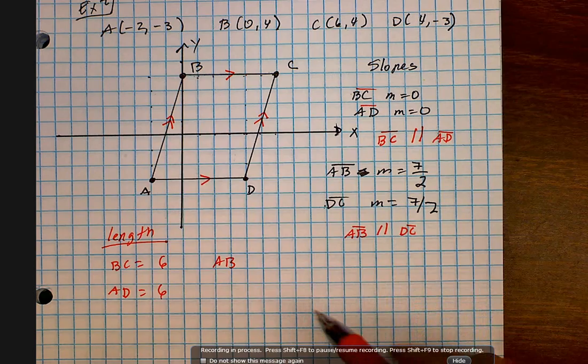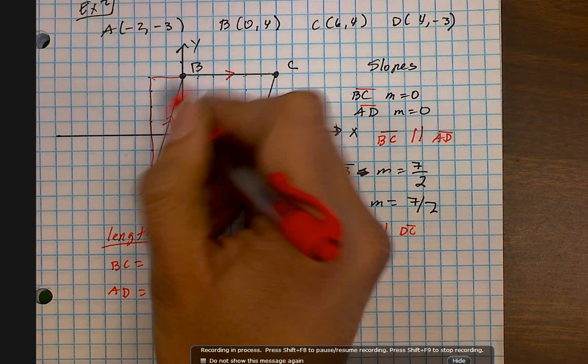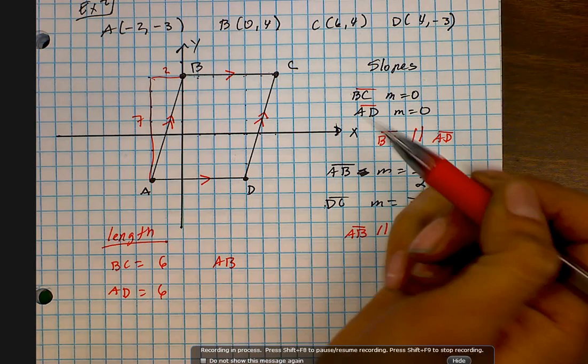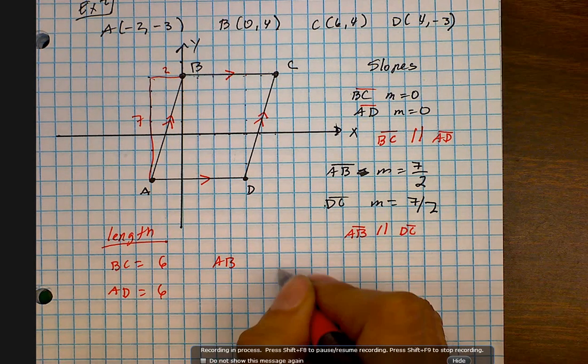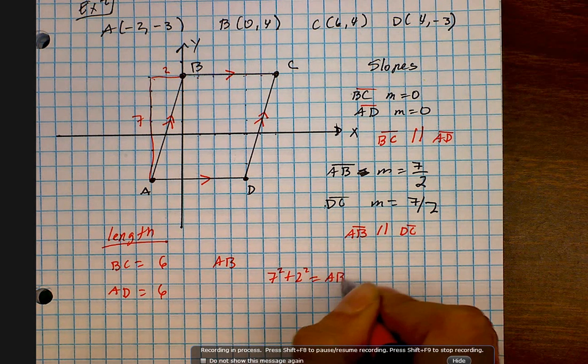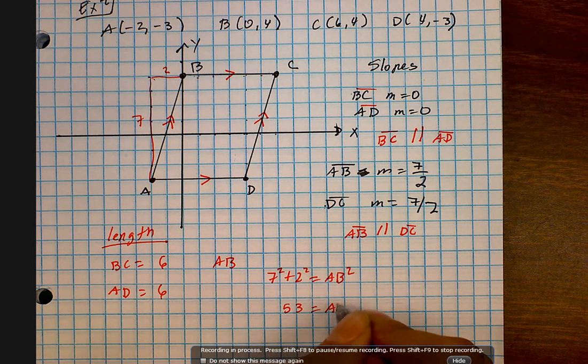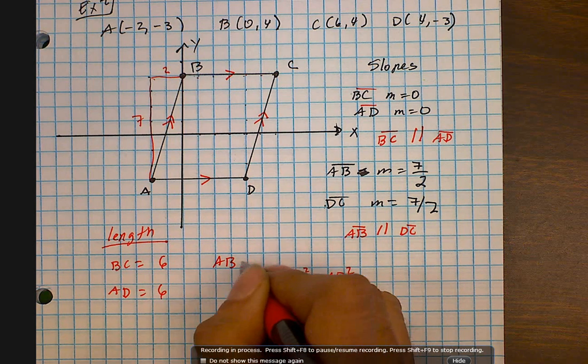So if you make your right triangle here, that one's 7 and that one's 2. So you know 7 squared plus 2 squared is equal to AB squared. So 7 squared is 49. Okay, 49 plus 4, that's going to give you 53, is equal to AB squared. And so now we take the square root. So now we know AB is equal to the square root of 53.